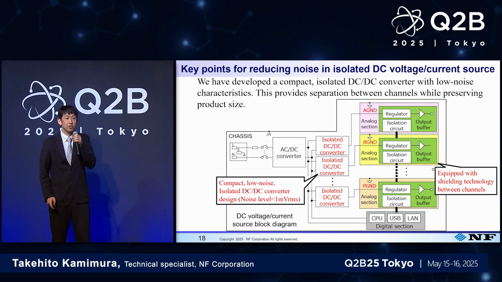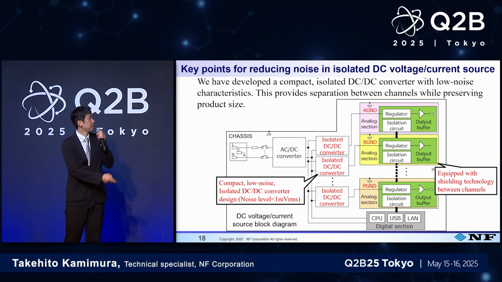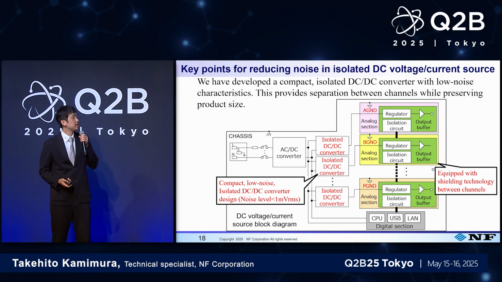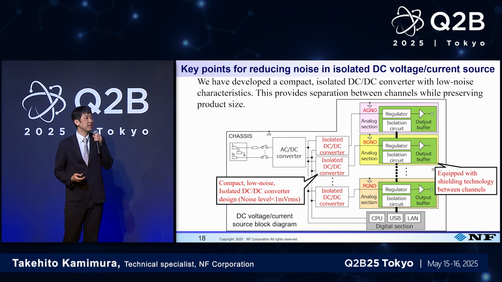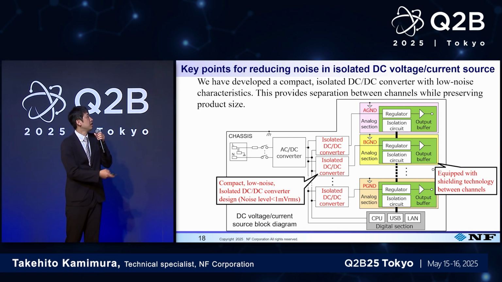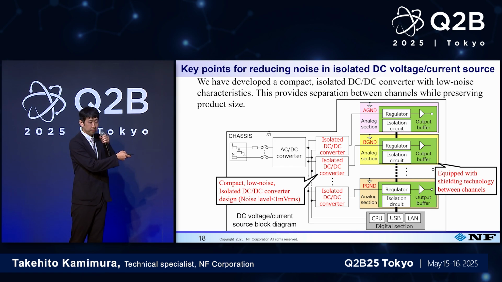This is the block diagram of the developed DC voltage source. This DC voltage source achieves low noise characteristics while minimizing increase in product size. We have developed a new compact low noise isolated DC-DC converter for this purpose.